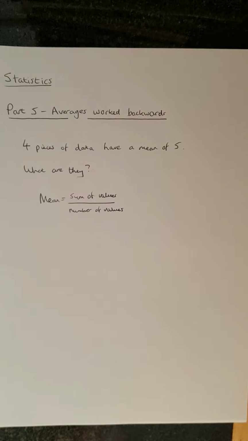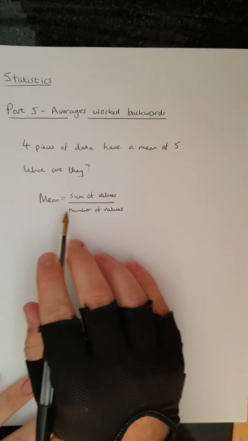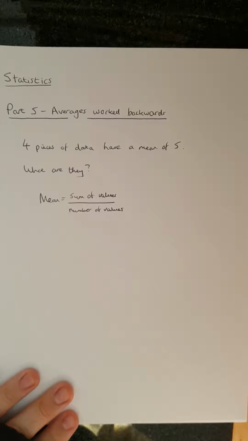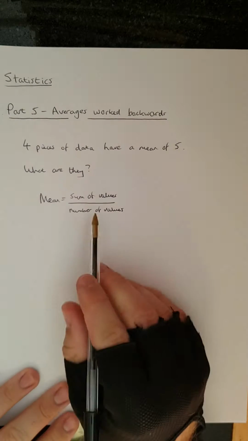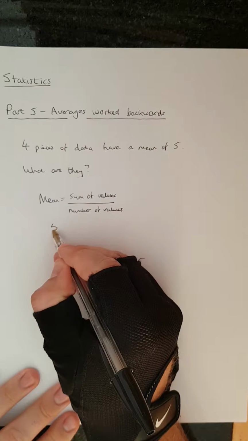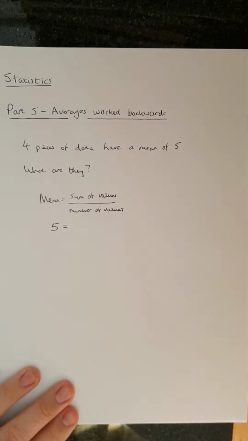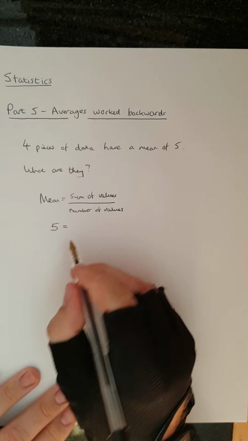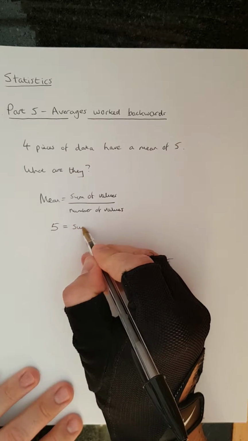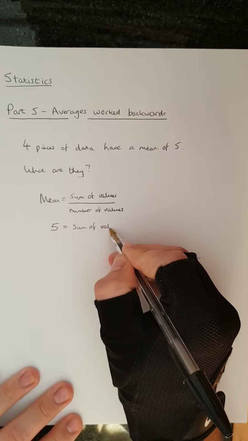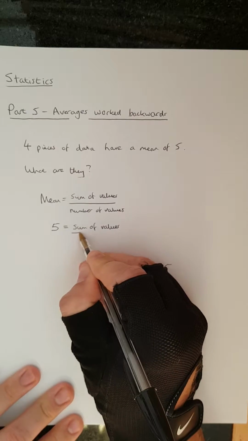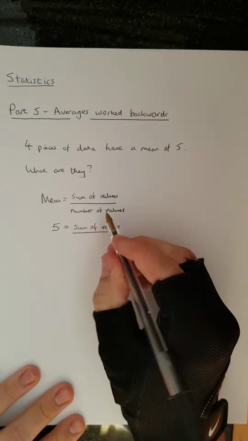Well, first off, let's put the information in that we have. So the mean is 5. Substitute that into the formula. Do we know the sum of the values? No, we don't. Do we know the number of values? Yes, we do.